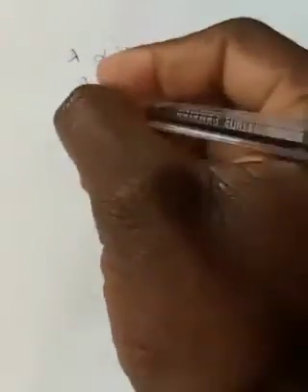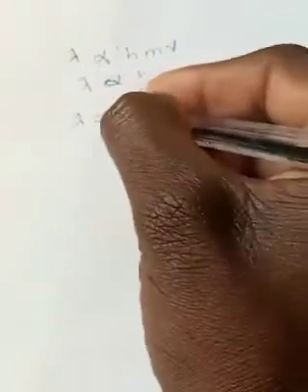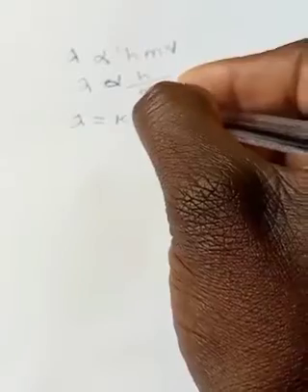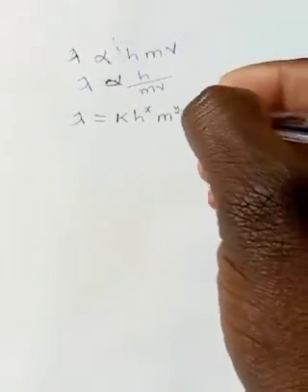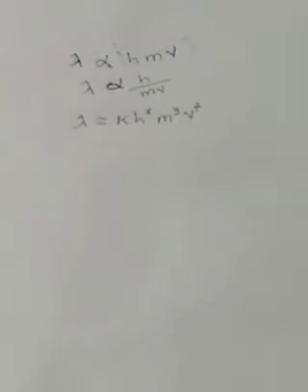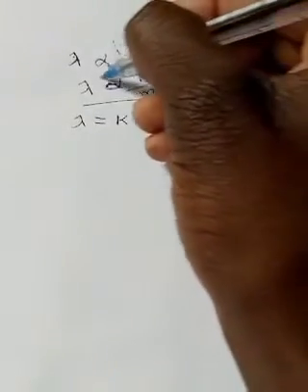So this is going to be written like this: wavelength is equal to k, h raised to power x, mass to the power y, then velocity to the power z. Our main aim is to make sure that we come up with the formula, which is the one in the middle there.